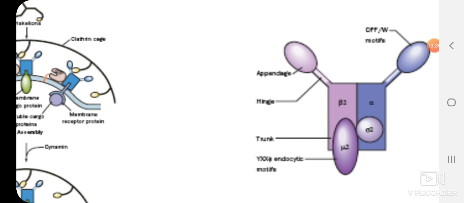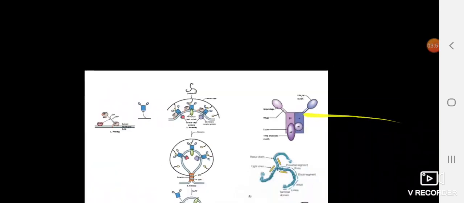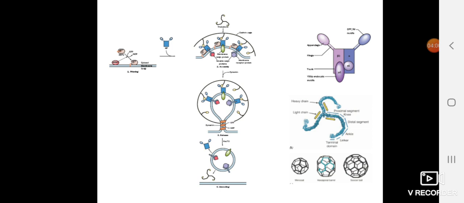The alpha has a repetitive sequence or motif of DFF or DFW, which is nothing but aspartic acid, phenylalanine and tryptophan. This motif again plays an important role in linking the N terminal of the heavy chains of clathrin with these adapters. So these adapters and the clathrin together facilitate the formation of the vesicle.